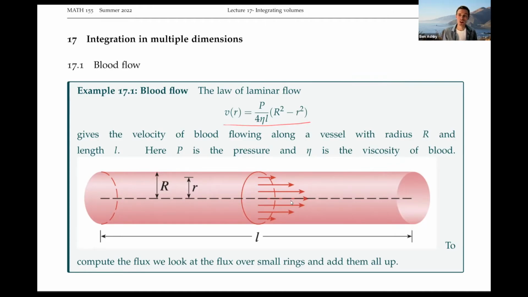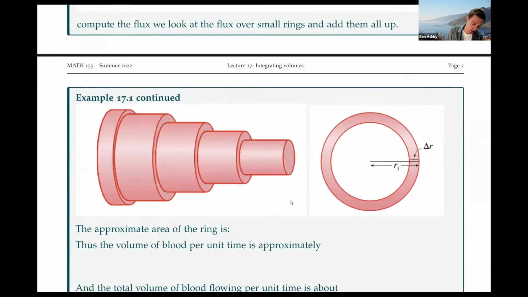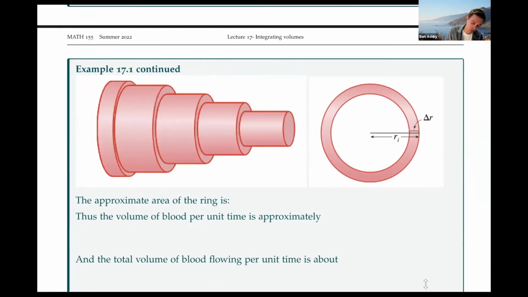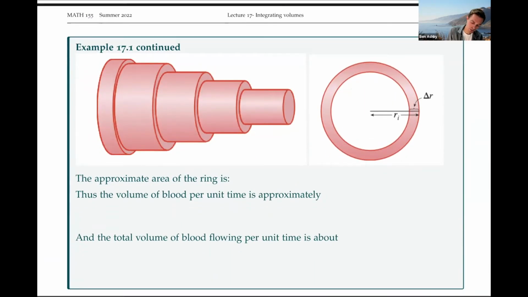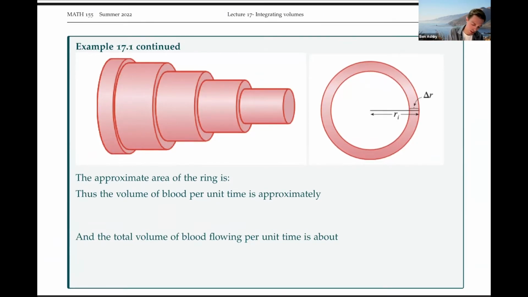How can we work out what the total rate of blood flow is through this vessel? Well, we can think about adding up lots of little rings where we calculate the approximate area of any ring. So suppose this is looking head on, and we want to calculate the area of this ring, the one that's highlighted here. We can assume that our delta r, the change in radius, is quite small.